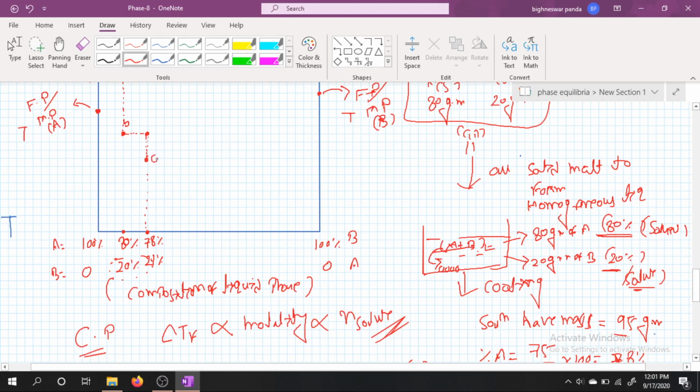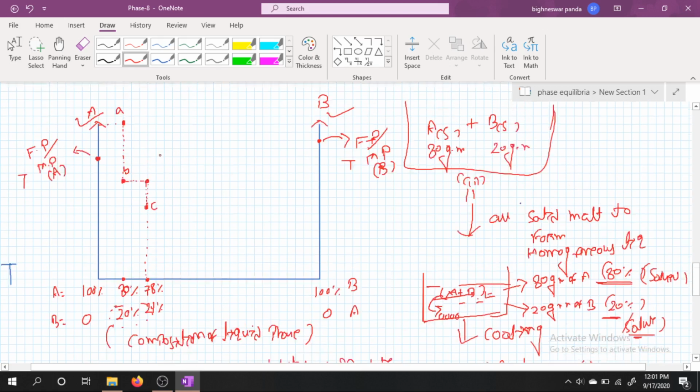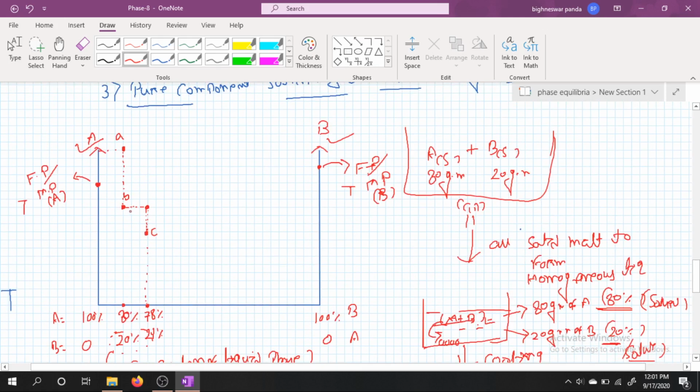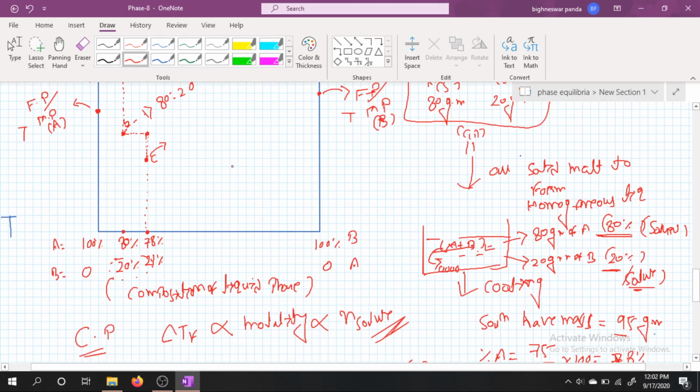This is the point C, and this is the composition, 20, and this is the composition having 28.